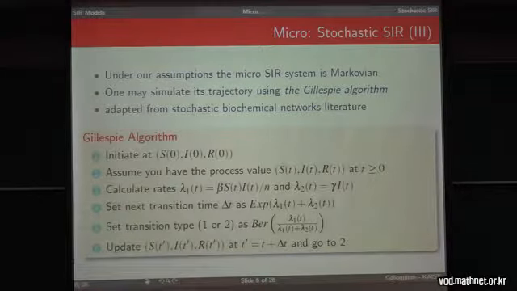So the idea here is that we're using some basic properties of the Poisson process that allow us to simulate the appropriate Poisson processes. It turns out that in the particular setting that we are concerned about, you can basically do two steps of these simulations independently of each other. So the first step would be the simulation of the next time of the reaction, so the time until the next reaction.